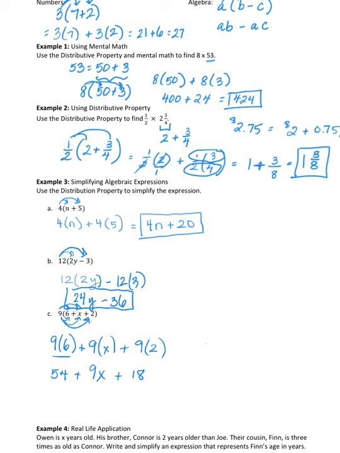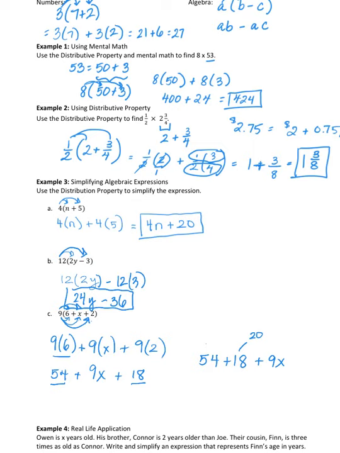Now, so far we've seen things that weren't like terms, so we stopped there. However, 54 and 18 are both constants, so we can end up combining those. So I'm going to rewrite our like terms together. You don't have to do this, it just kind of helps us to visualize. So now I have 54 plus 18. So what I can do is, let's think about 18 as being 20.